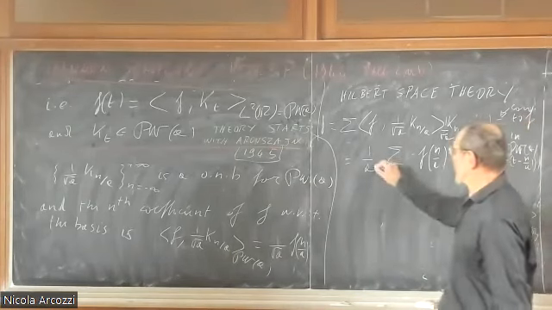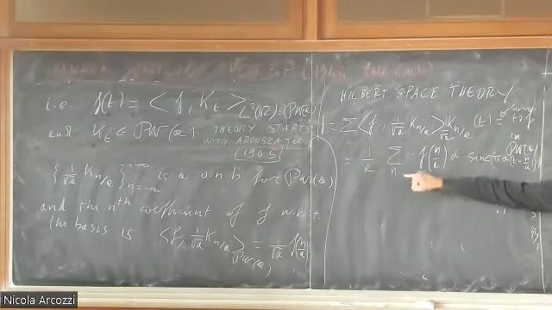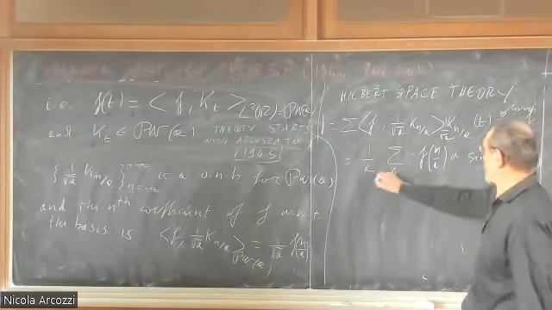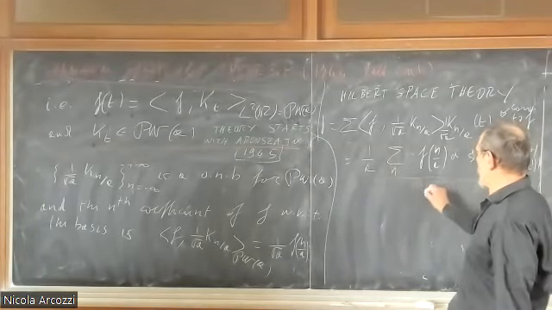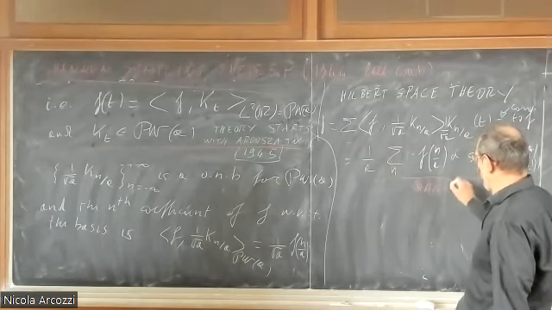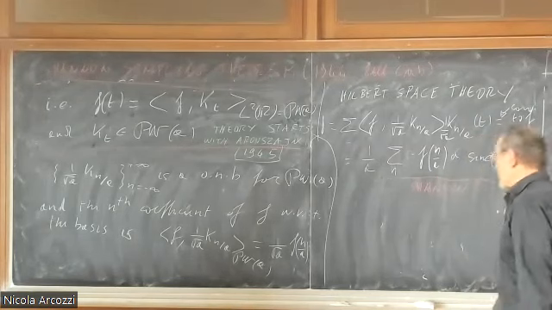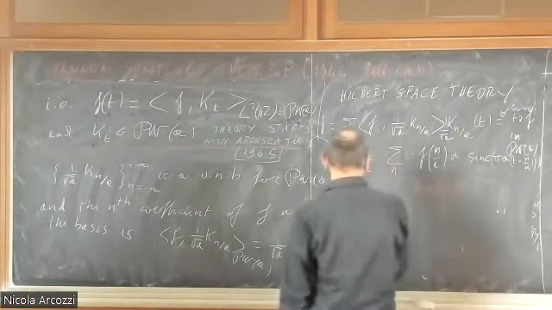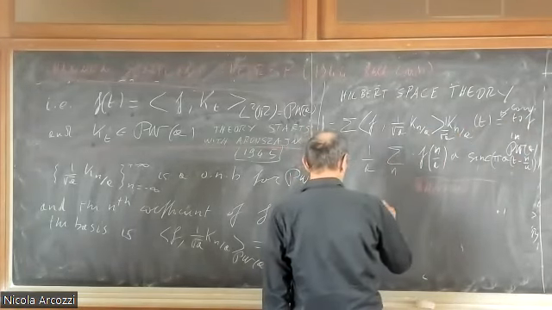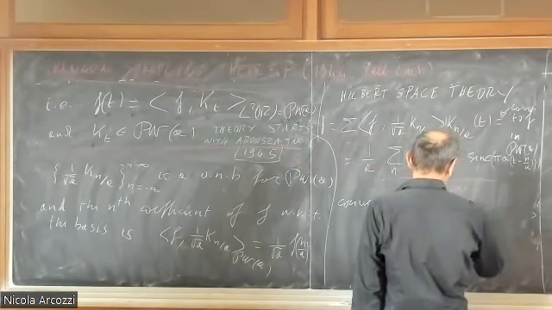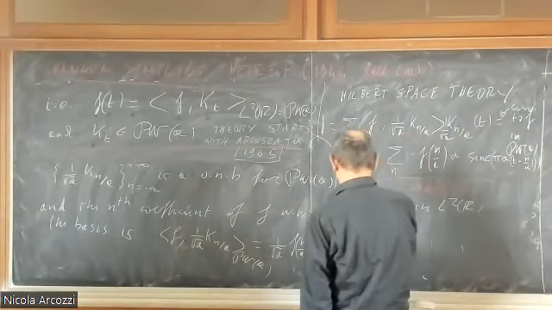So this cancels out. It means that the series, this is the Shannon series, converges in L2 of R.